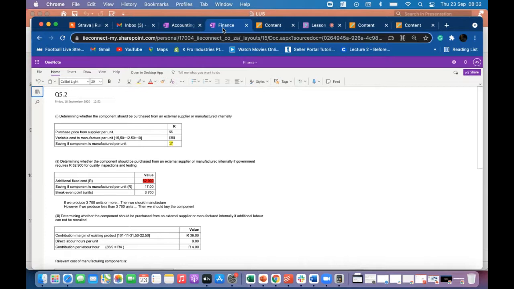The following budgeted manufacturing costs. Okay, what now must happen here?